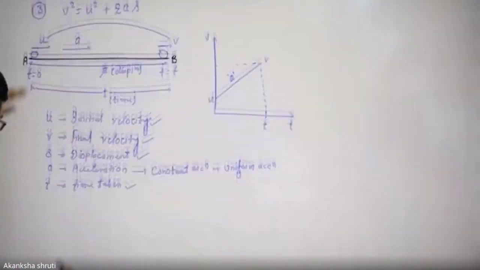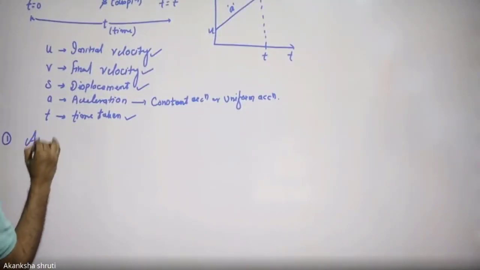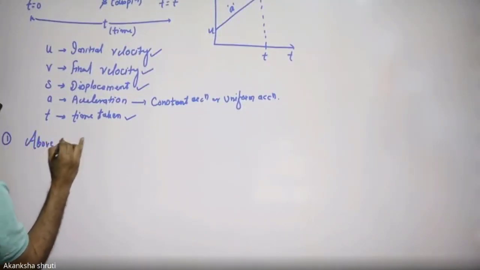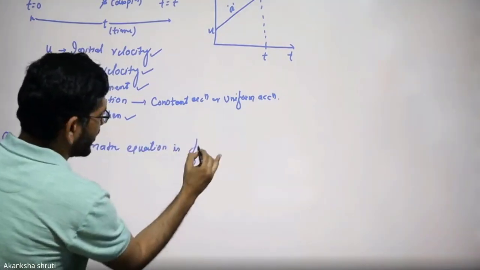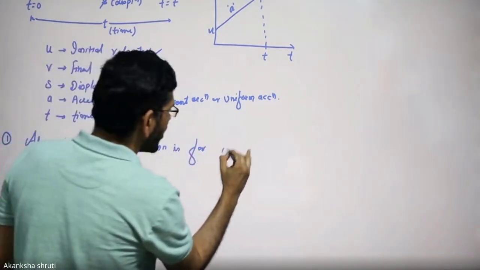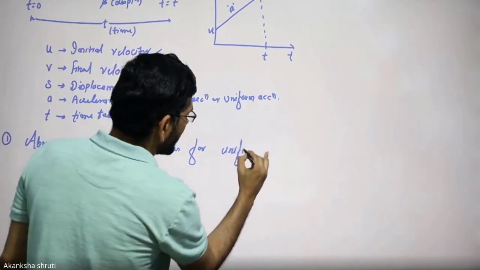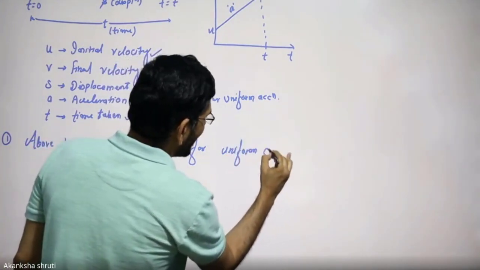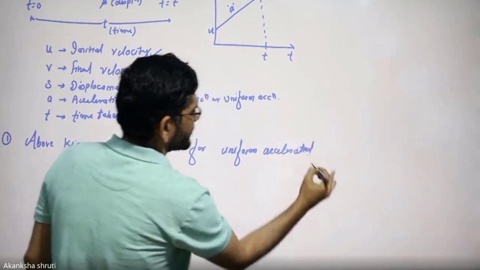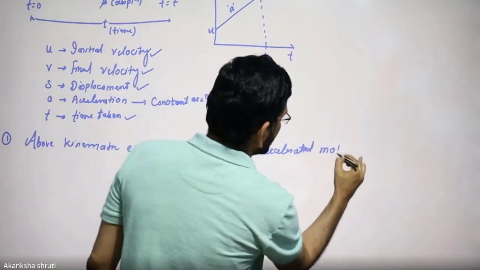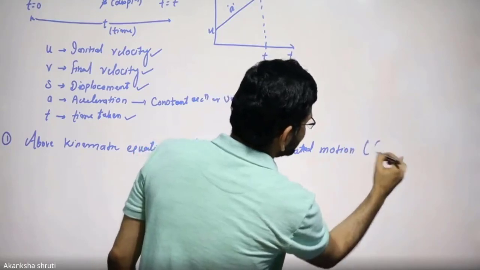So write down the very first thing: the above kinematic equations are for uniform acceleration, or uniformly accelerated motion, or constant acceleration.